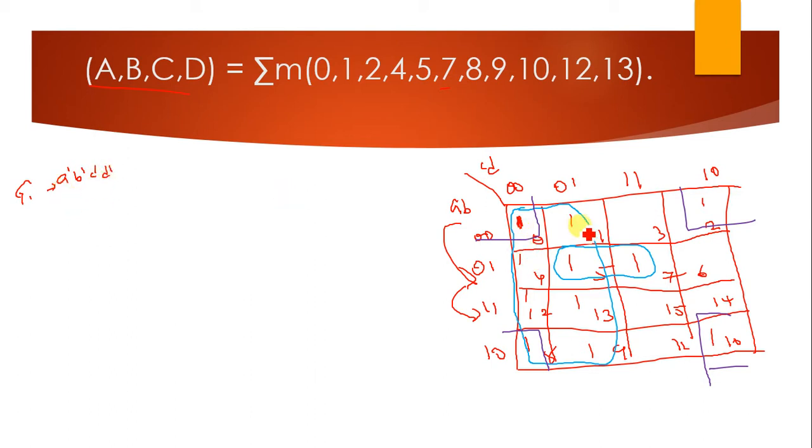The next one is where the last variable got changed, which is D dash changed to D. Eliminate them, it's the same combination, D got changed. So that is A dash, B dash, C dash, plus the next combination is A dash B, where C dash, D dash changes to D.